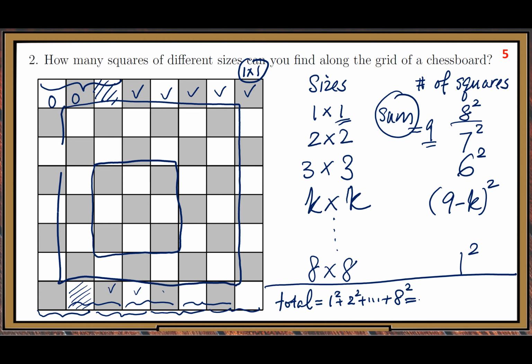Squares of 1 by 1 size we put in one category. 2 by 2 size, we put in another category. 3 by 3, another category. So we classify all the data into different categories. This step we call organizing our data.